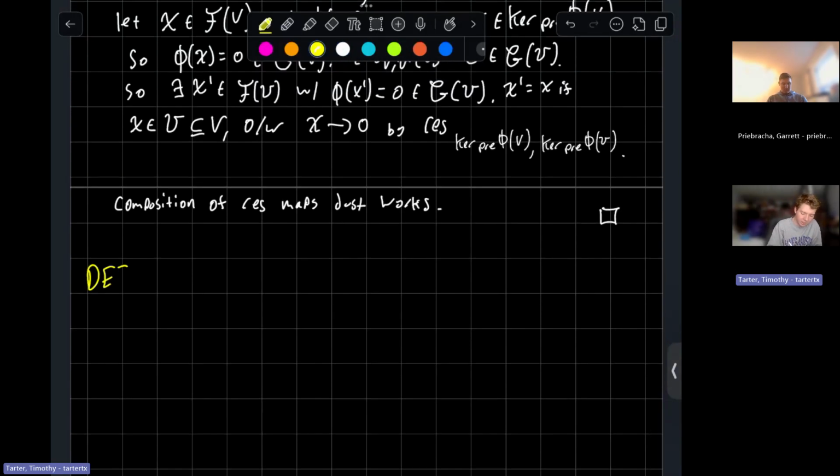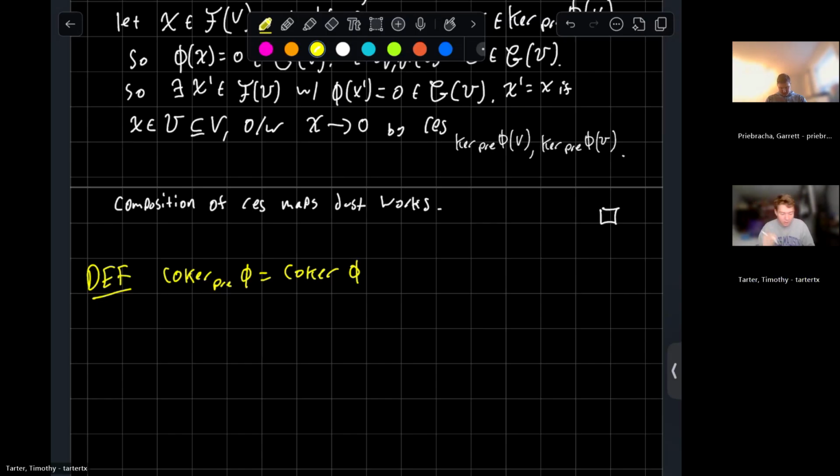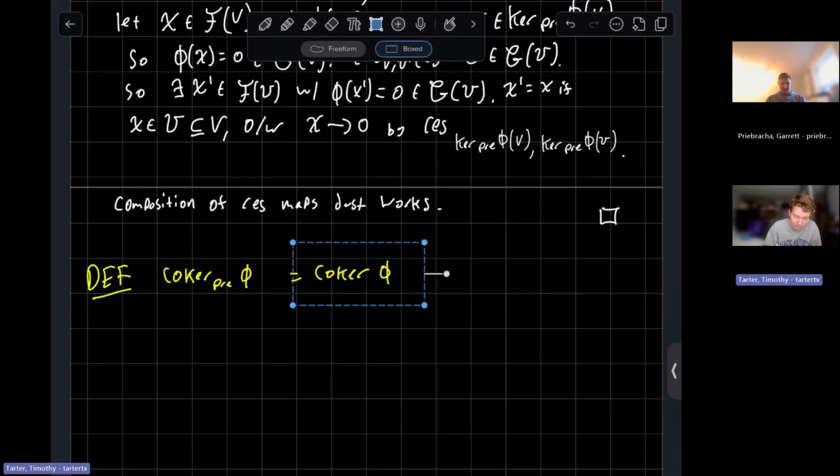So definition. The pre-co-kernel of phi is equal to co-ker of phi, I guess over U. It's all restriction maps.